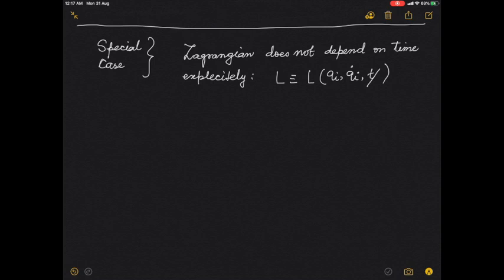So I am writing t and then crossing it out. Okay, so we want to look at that special case.